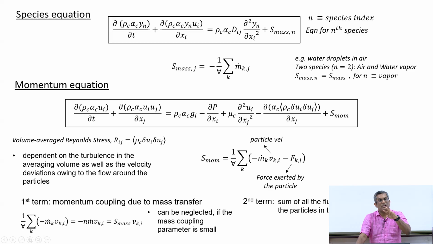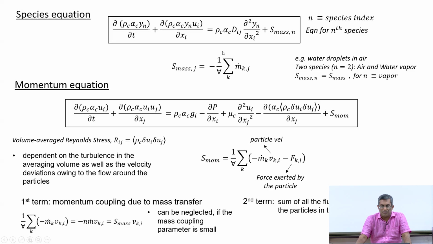We are talking about the species present in the carrier phase only. The droplet is a different phase for which we have separate sets of equations that we discussed already. So if we have air and water vapor, we have two equations, for air and for water vapor.